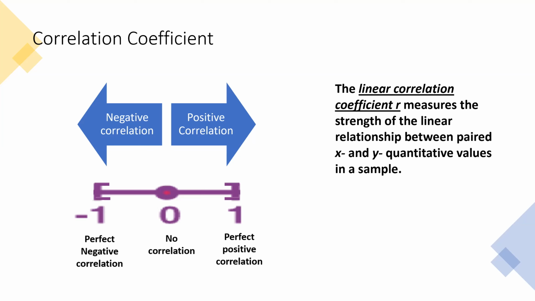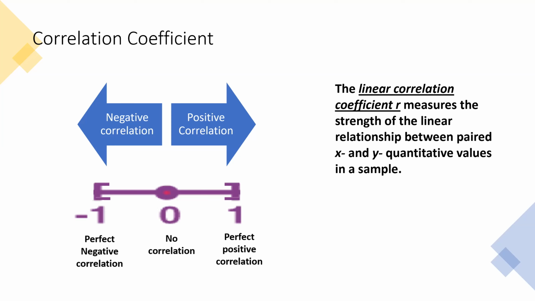So the greater the variable X is, the greater the variable Y becomes. A negative correlation is the opposite. When the X variable becomes bigger, the Y variable becomes smaller. That's a negative correlation or negative association.